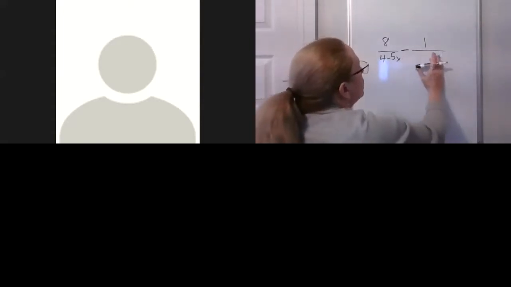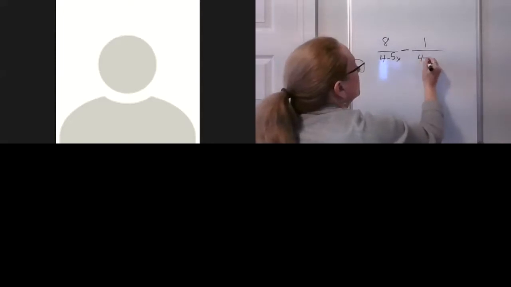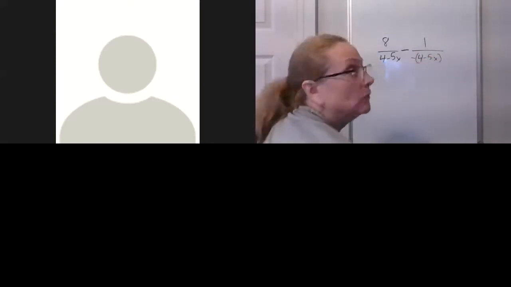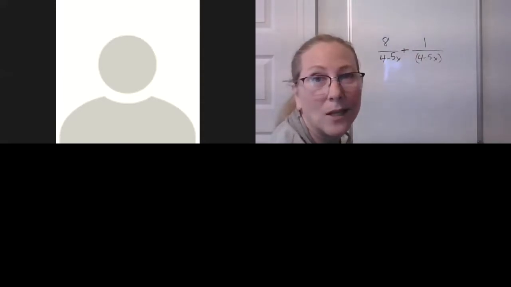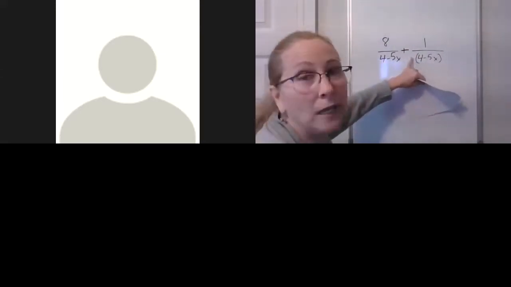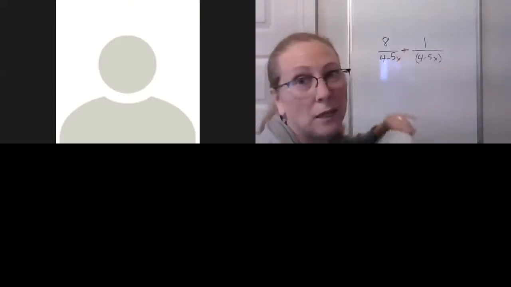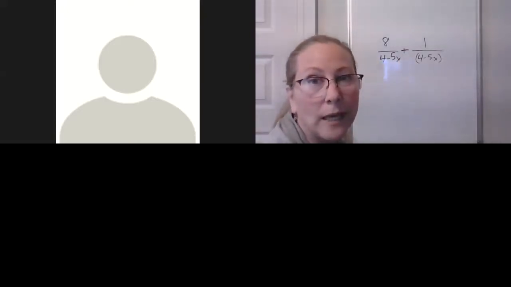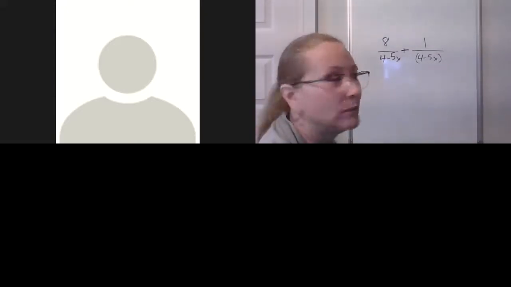I'm going to change the order, which means that that would be negative. However, I've got a double negative, so I'm going to change it to positive. So once again, I flipped it, brought the negative forward, which made the other negative end up being a positive, double negative, positive. Okay, so hopefully that made sense.